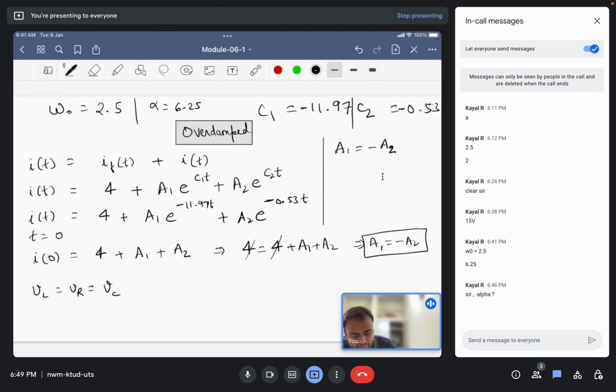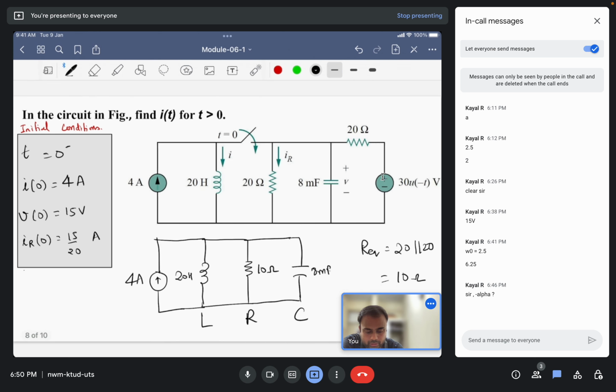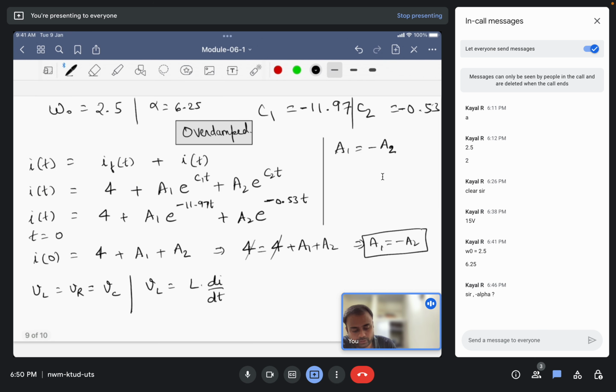So let us write for the inductor, VL is equal to L into di by dt, since we have the current form I of t, that is why we are writing a differential of current. We know that VL, VR, VC are equal, but we don't know the exact voltage at each component.